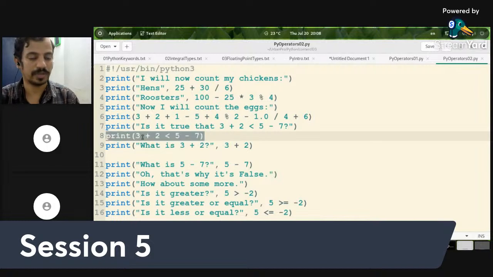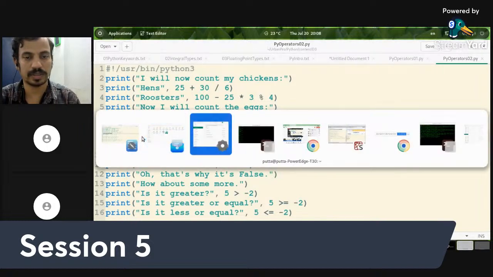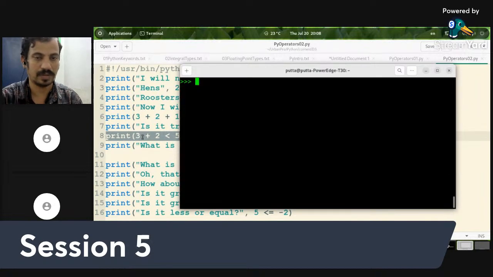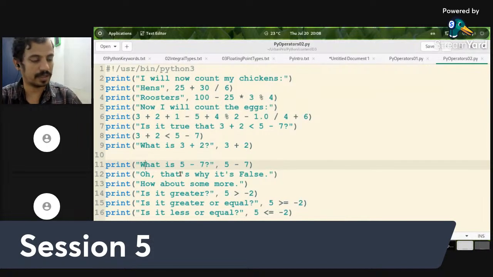So I will just show you one of these. The program prints false. Like that, you can look at the results. Other things, you can run this program and find the output for yourself. So let's stop here.